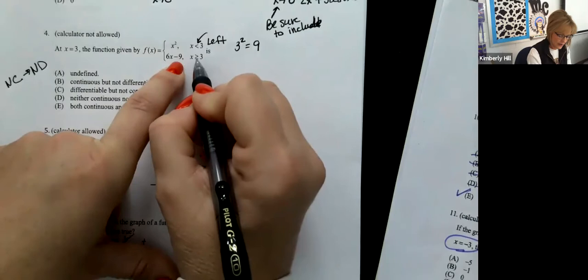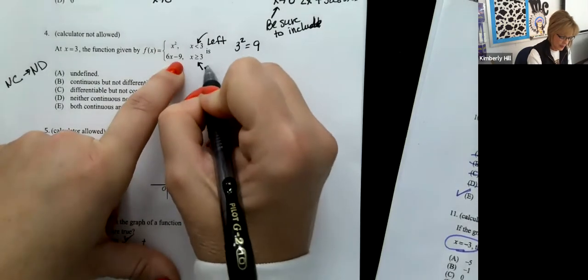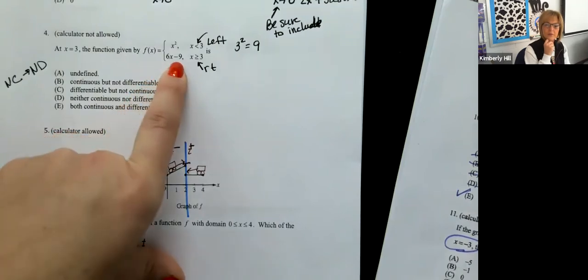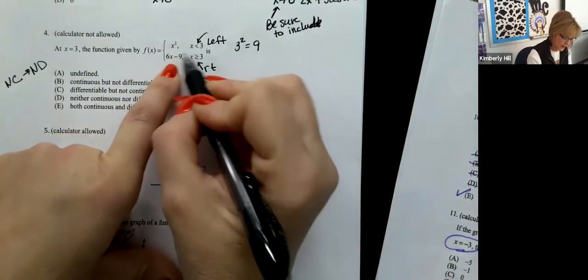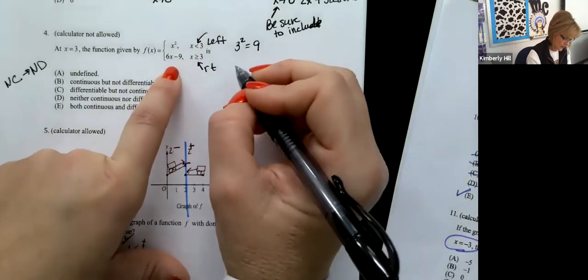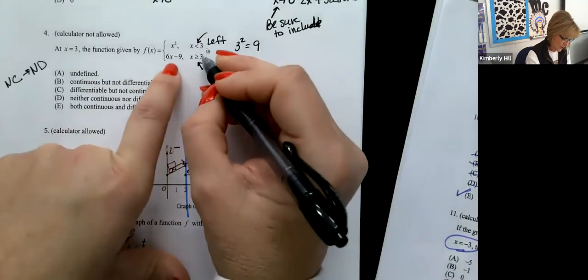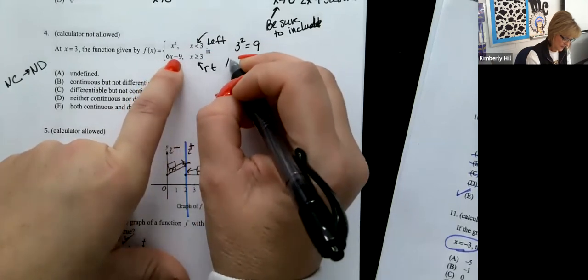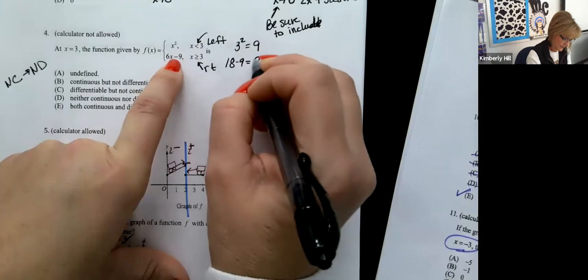This is greater than 3, so this is telling me I'm coming in from the right. So if I sub in 3, I would also get 6 times 3 is 18 minus 9, which is 9.